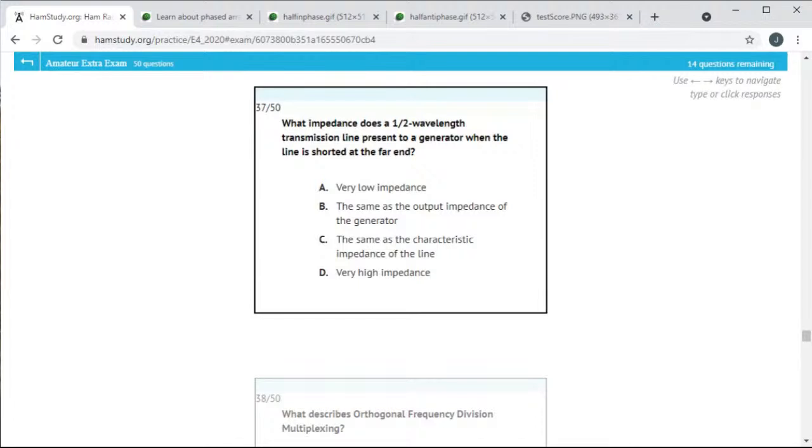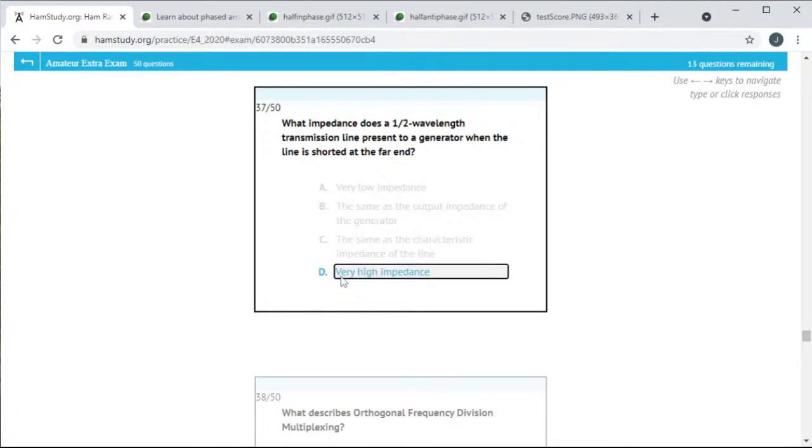So I'm going to go with very high impedance, and the reason why is a transmission line that is shorted on the far end is basically going to be an end-fed half-wave antenna.